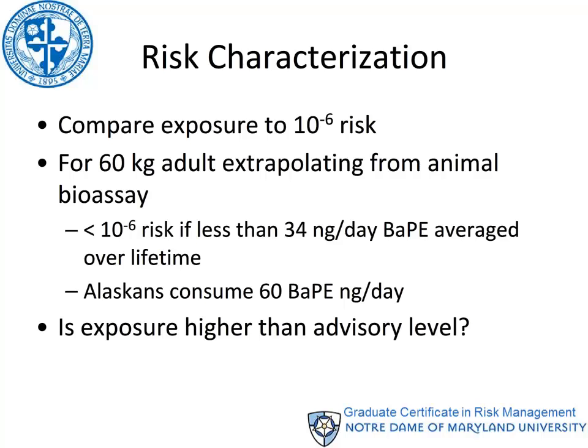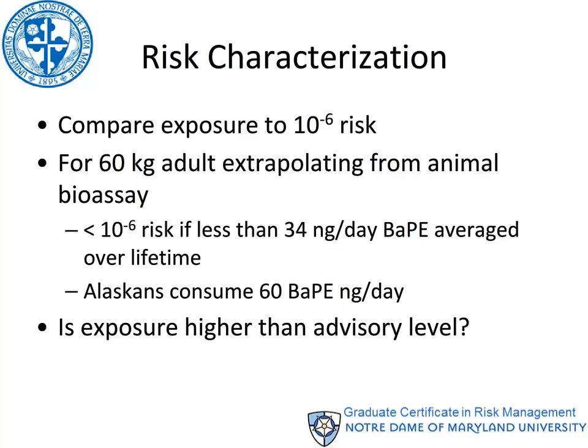Now we move to the fourth and final step, the risk characterization. In this case, we're going to compare the actual exposure to the 1 in a million risk. So for a 60 kilogram adult, extrapolating from that animal bioassay data we had, that rat study from 1981, we have less than a 1 in a million risk if less than 34 nanograms per day are consumed.